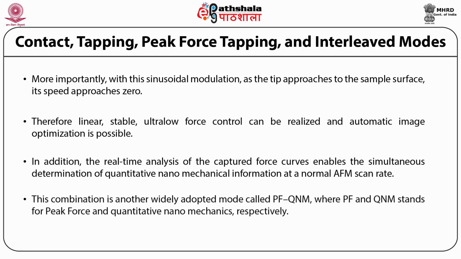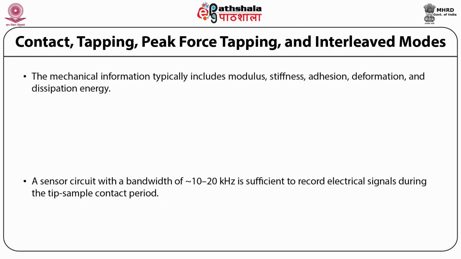This combination is another widely adopted mode called PF-QNM, where PF and QNM stand for peak force and quantitative nanomechanics, respectively. The mechanical information typically includes modulus, stiffness, adhesion, deformation, and dissipation energy.